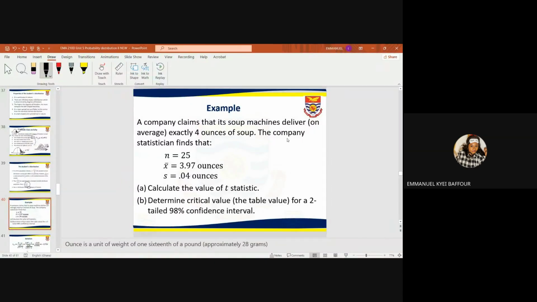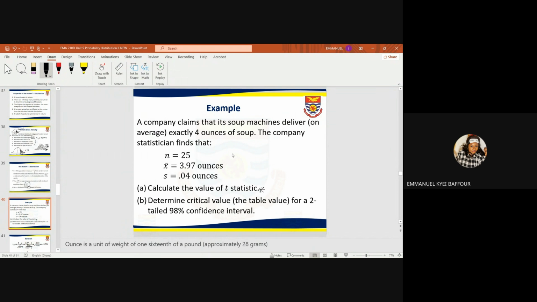And then the company statistician finds that n is equal to 25, that is the sample size, and the mean is 3.97, and the standard deviation is 0.04. We've been asked to calculate the value of the T statistic.